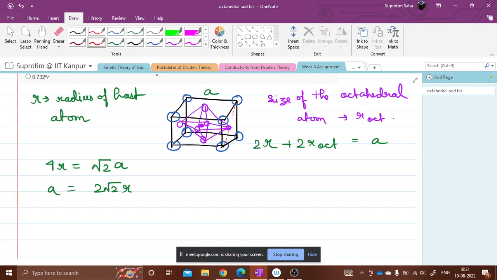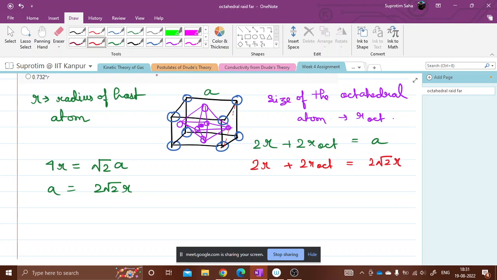So 1 of R, 2 of R, that makes 3 of R, and another R, that is 4 of R, and this face diagonal is root 2 A, right? This is the identity that you use. So A is 2 root 2 R. Let's put it in here: 2R plus 2R oct equals 2 root 2 R.